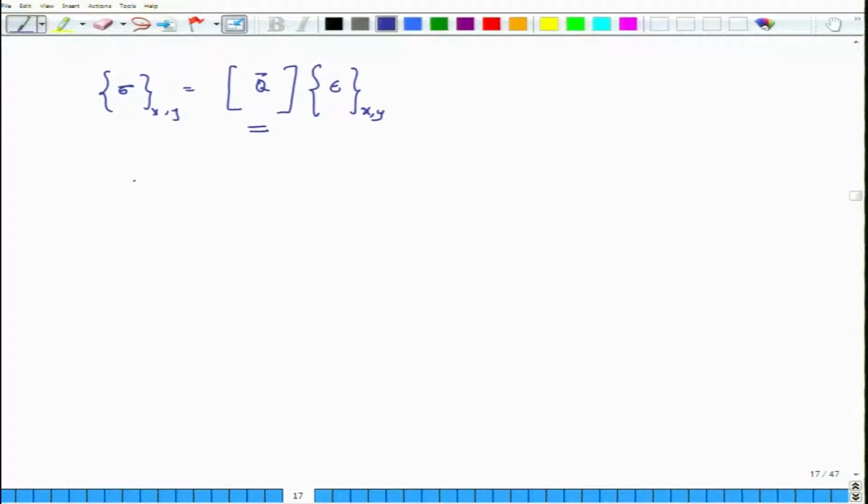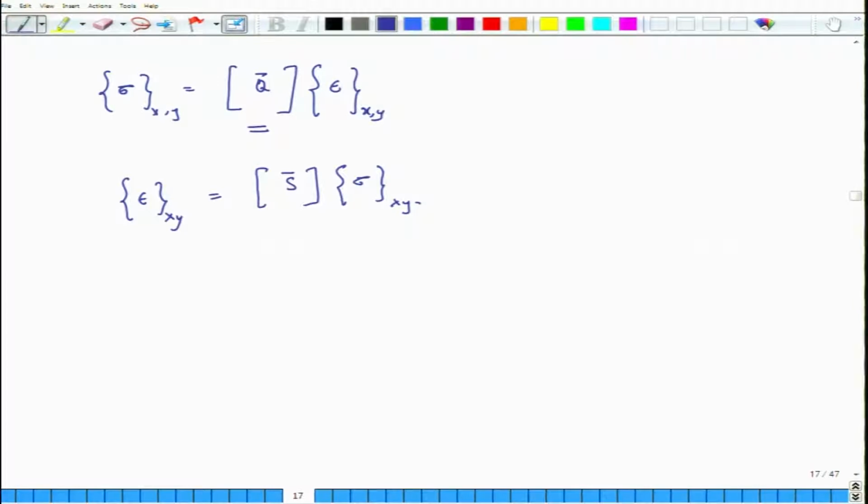Similarly, we can also calculate strain in terms of an S bar matrix and the stress vector sigma xy.